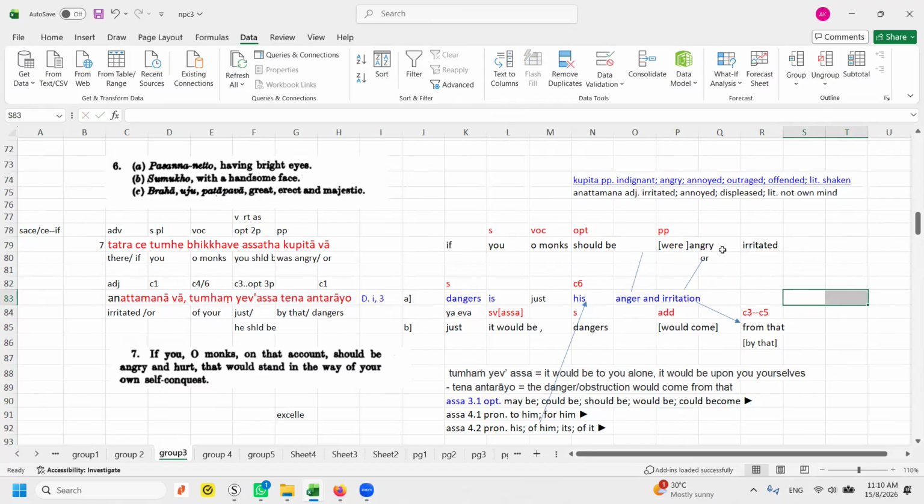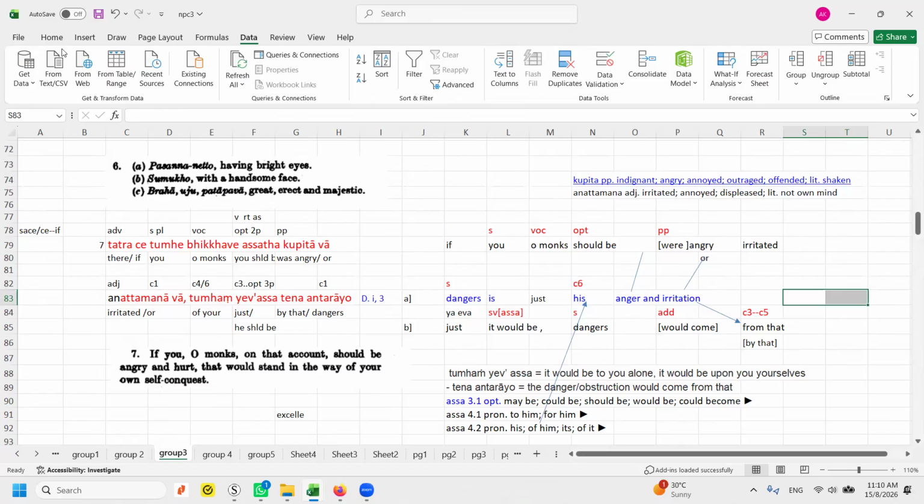Here is a vocative: you were angry or irritated. That means you can put it here because there's one y and one y. That is how you decide, and that is how you translate.